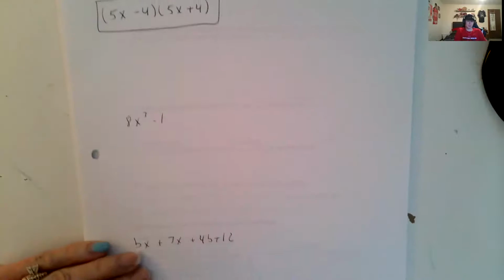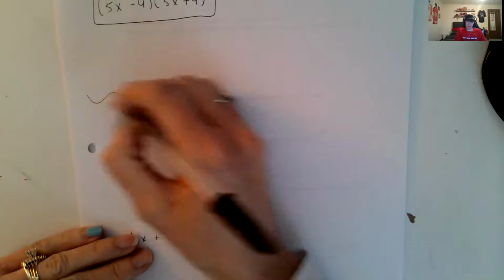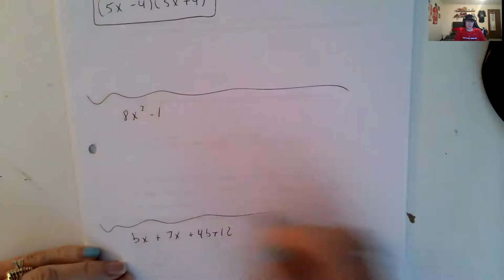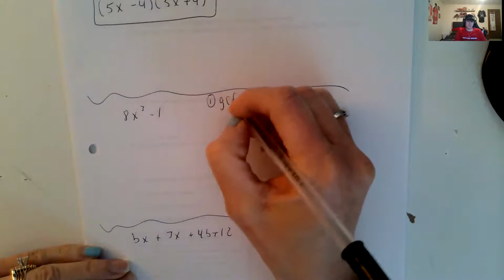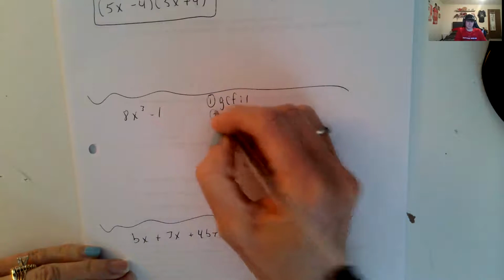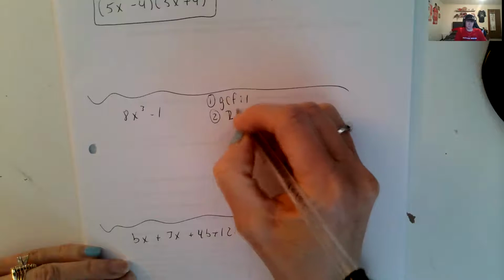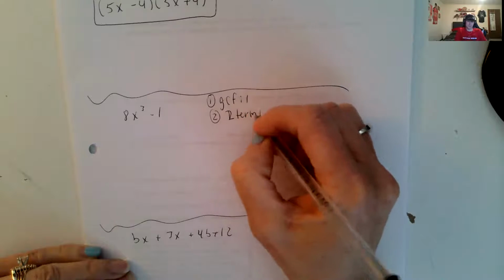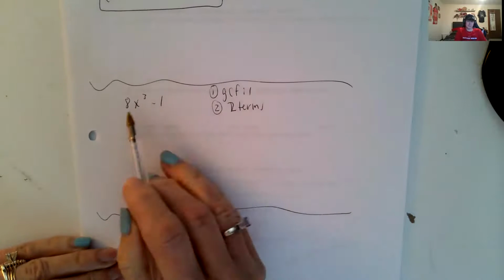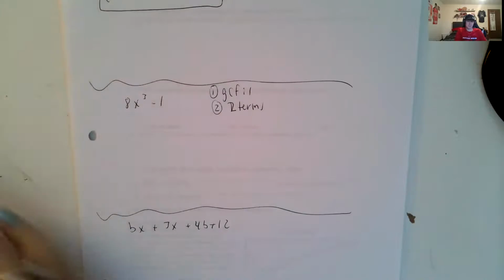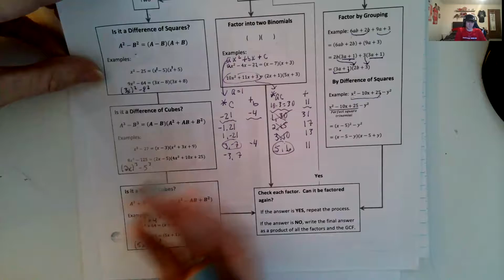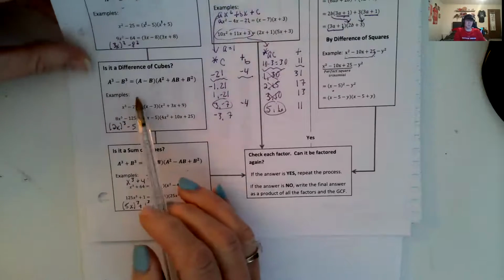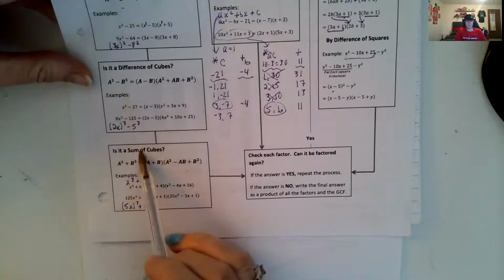Okay, now we're down to the next one. So question number 4. So again, we only have a greatest common factor of 1, and we have 2 terms. But I'm taking notice that I have something cubed. So on my factoring flow chart, it's not the squared because that's not a possibility this time, but it could be something cubed plus something cubed or something cubed minus something cubed.